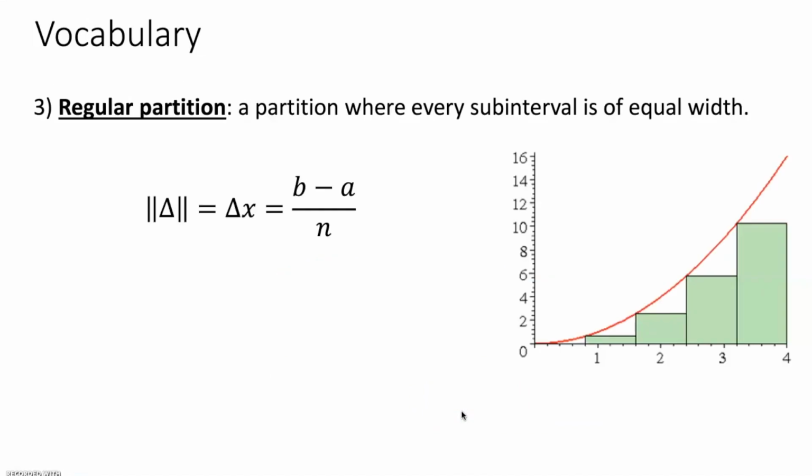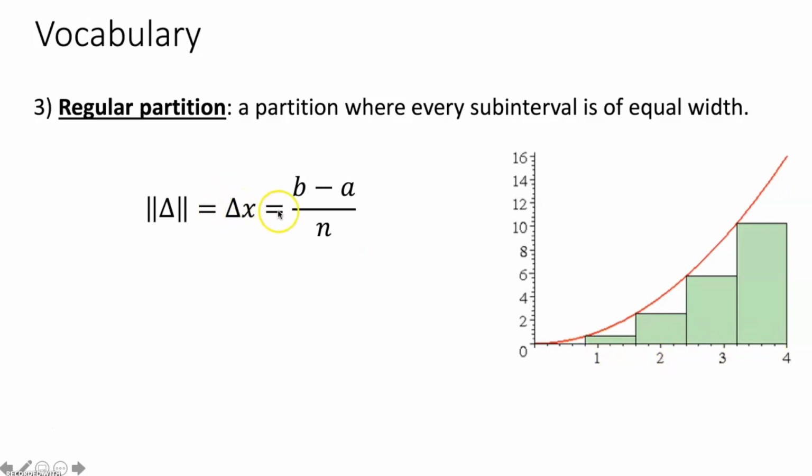Now, a regular partition is what we were talking about earlier when we were approximating area under the curve with rectangles. A regular partition is a partition where every subinterval is equal in length. If you recall in previous lessons, when we were approximating area under the curve with rectangles, we would have to find the base and height for each of those rectangles. And when we were doing this, the base was actually the same for each of the rectangles.